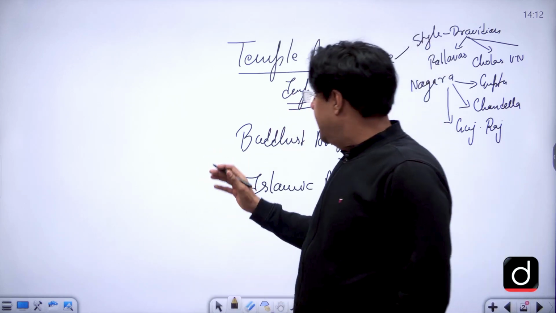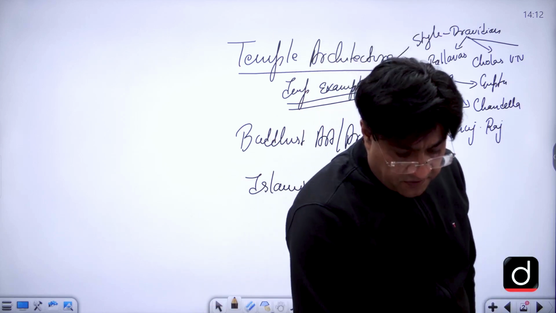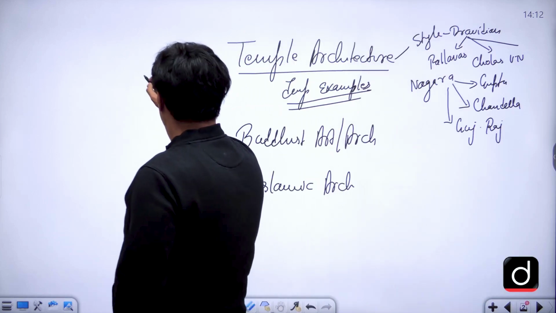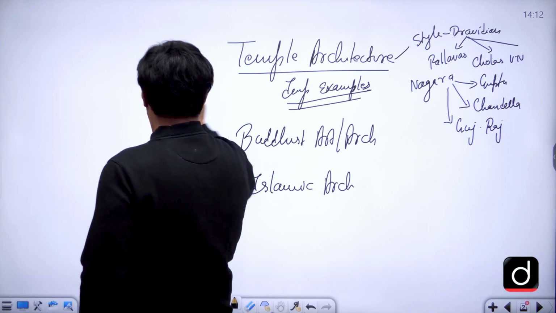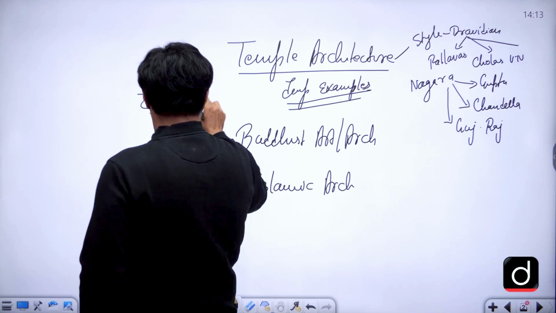Then when we come back to this topic, that is Indian art, architecture and literature. In the case of literature, here we will be doing the Vedic literature. Here we will be doing the Sangam literature.